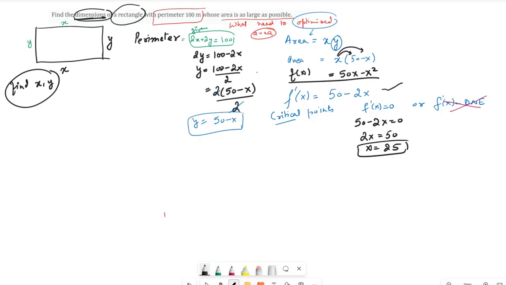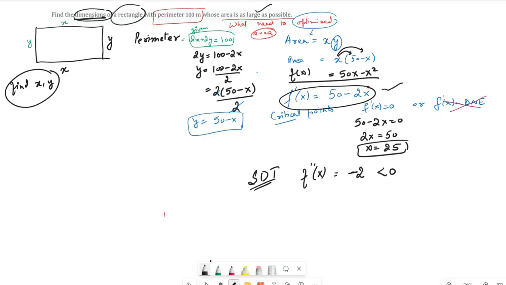Now we need to confirm that our area is largest when x is 25. How do we do that? We use the second derivative test. We find the second derivative of the function. The second derivative of this function would be negative 2, which is actually always negative. Negative 2 is always negative. It doesn't matter whether x is 25 or not.